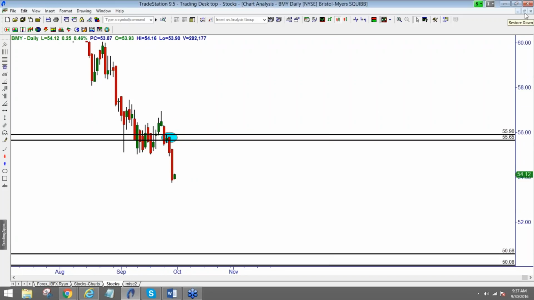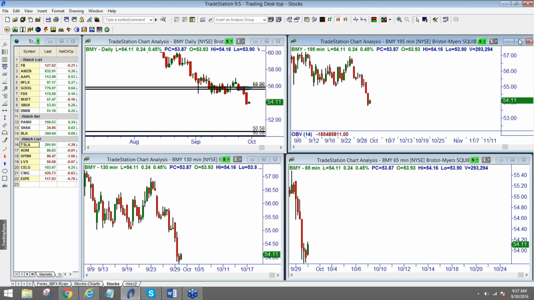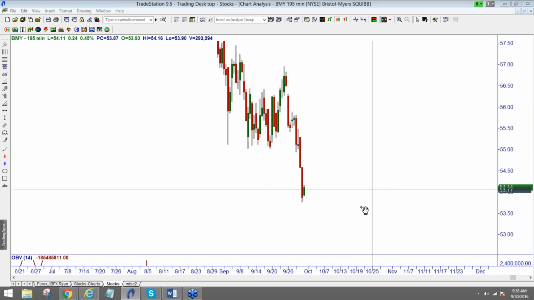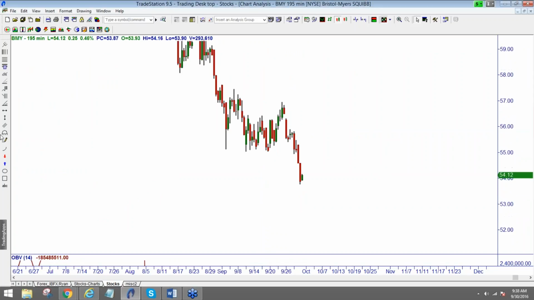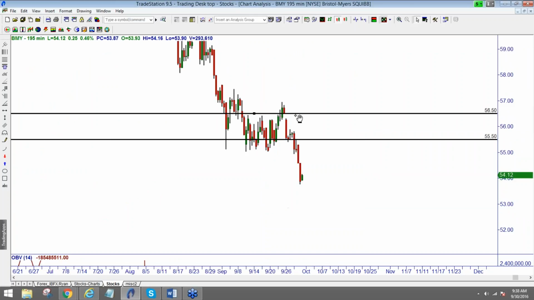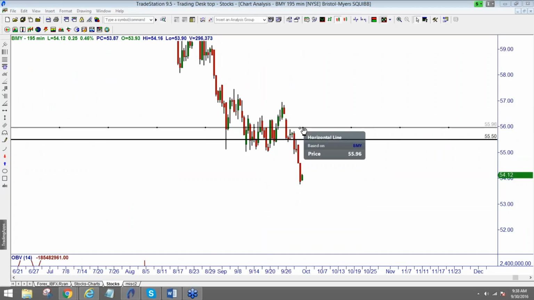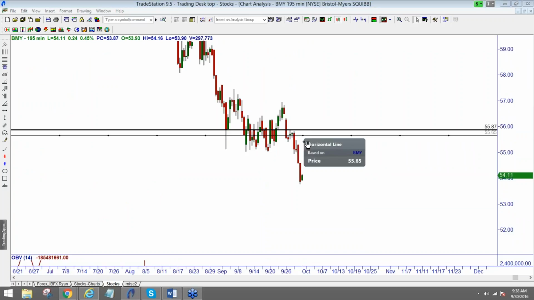Pretty cheap base for a $55 stock, so that's not bad. Kind of the same setup on that other daily chart here.